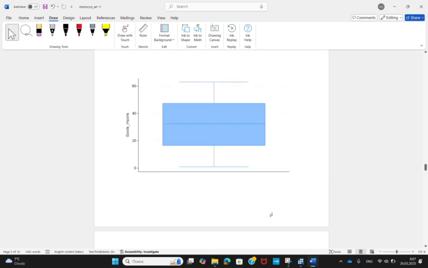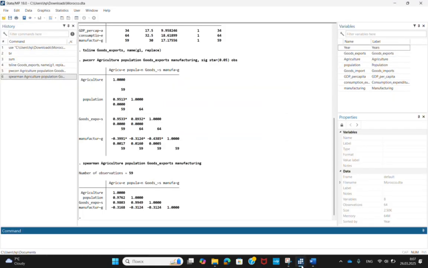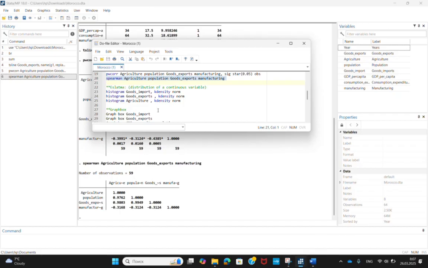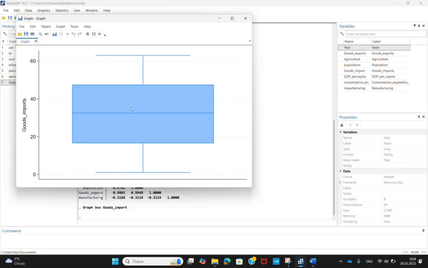Firstly, let's see it in Stata. Graph box. The command of histogram, density with the density norm, and graph box.